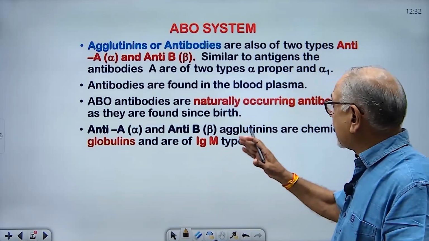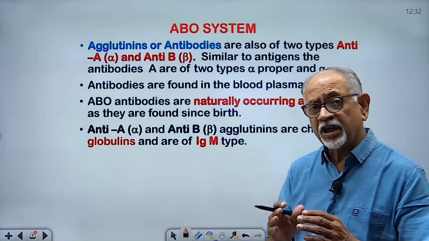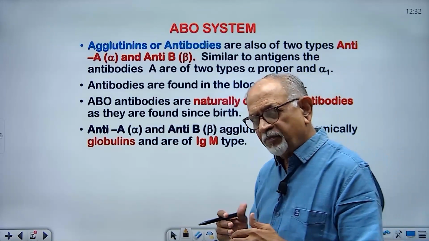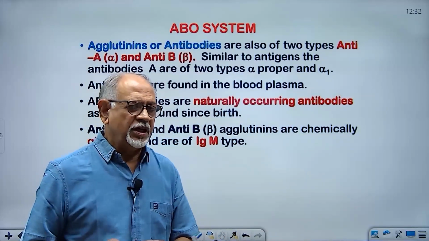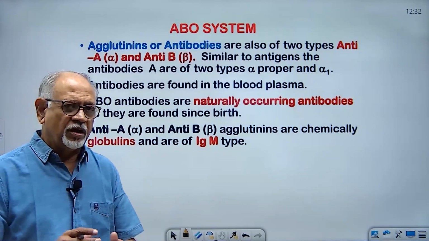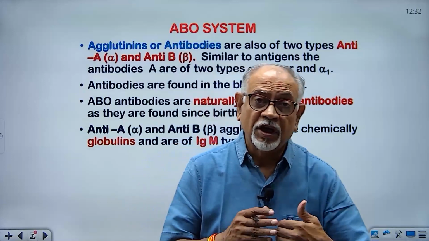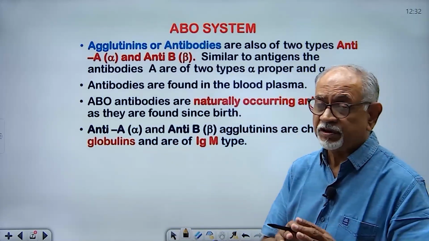When we say naturally occurring antibodies, that means they are present since birth. If a person has antigen A, he cannot have antibody A, but he has antibody B, which is naturally found in his blood.